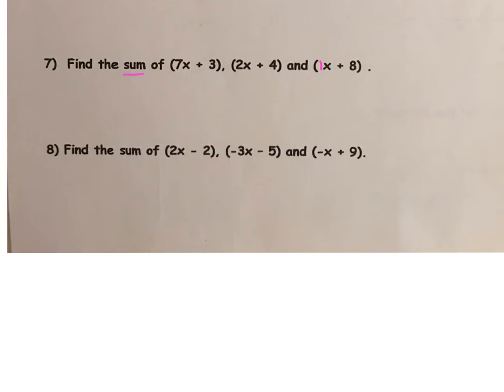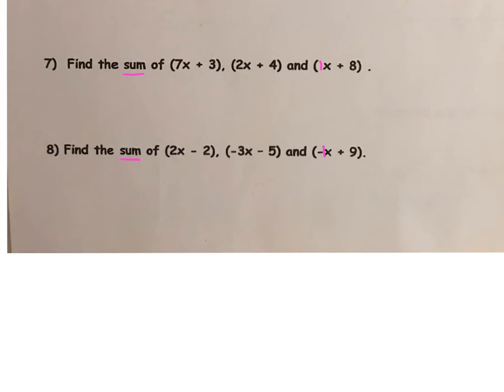For number 8, it says find the sum of 2x minus 2, negative 3x minus 5, and negative x plus 9. Please put a 1 just after the negative symbol. It represents a loss of 1x.